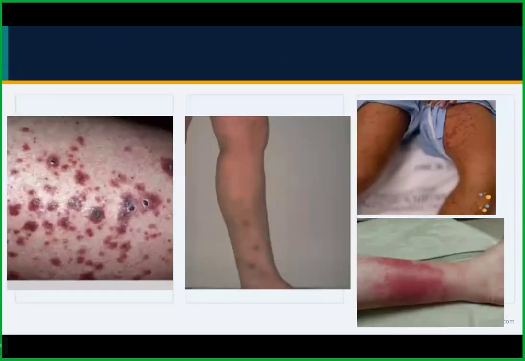In these pictures, the first is small vessels, the second is nodular vasculitis, the third is very common, Henoch-Schönlein purpura, and the last one is exercise-induced. We will be discussing every topic bit by bit.